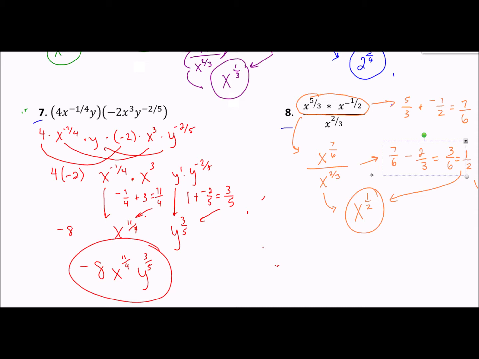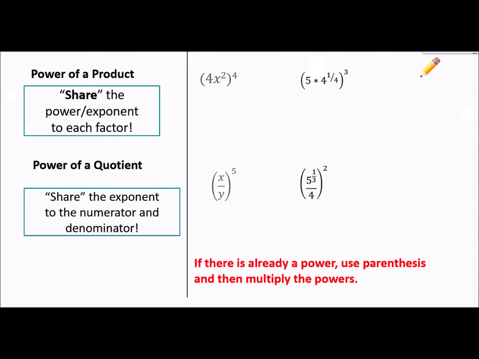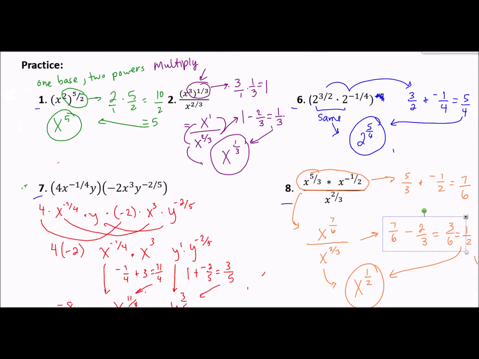Okay, so the next properties that I was talking about that we didn't discuss for that last problem are my sharing property. Now these sharing properties, all they say is when you've got some stuff inside the parentheses, some stuff being multiplied, not just one single thing anymore, like the one where there was one base and two powers.